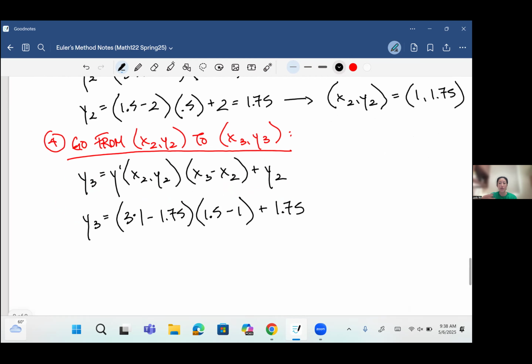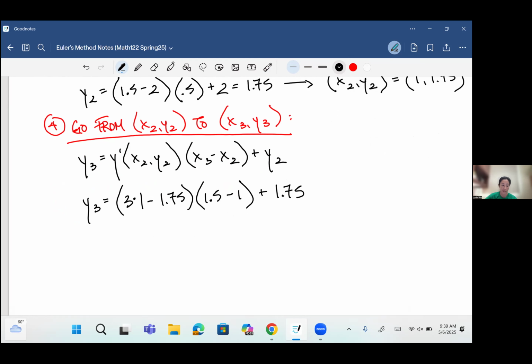Okay? Now you're probably going to start to get more decimals as you go. It's not a bad thing. It doesn't mean that you're doing anything wrong, but as we get closer and closer to that approximation, we're going to get more decimals, and that's actually okay. All right, so y3 equals 3 minus 1.75 times 0.5 plus 1.75.